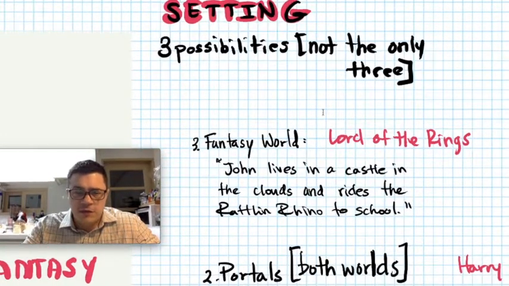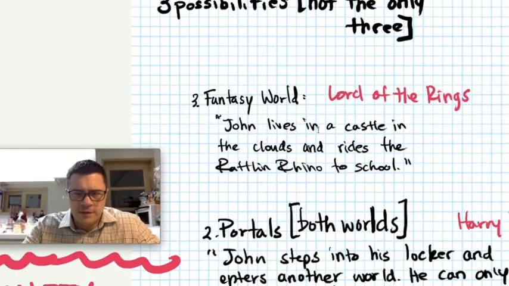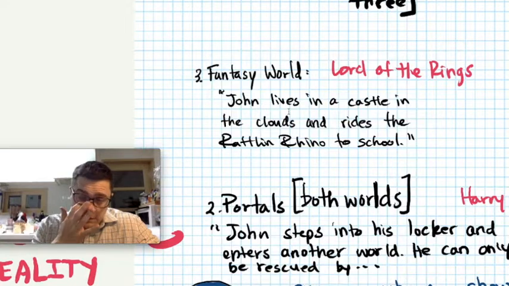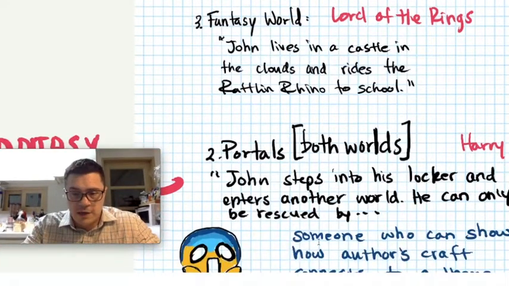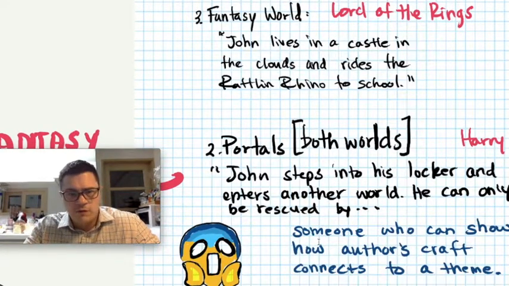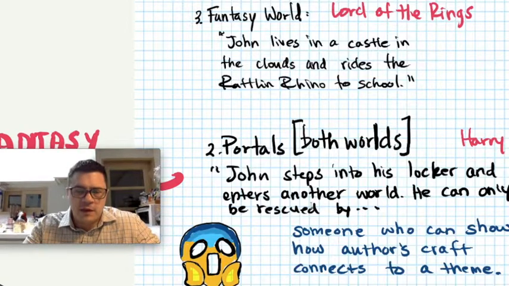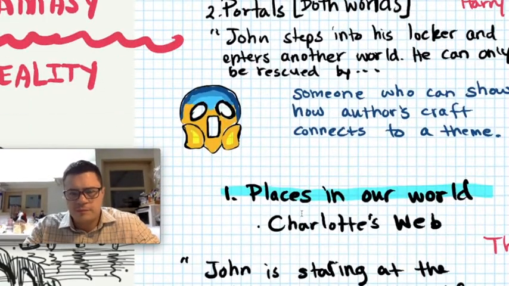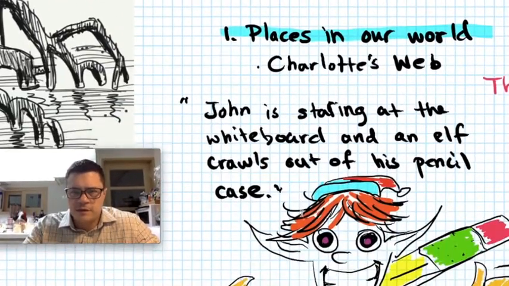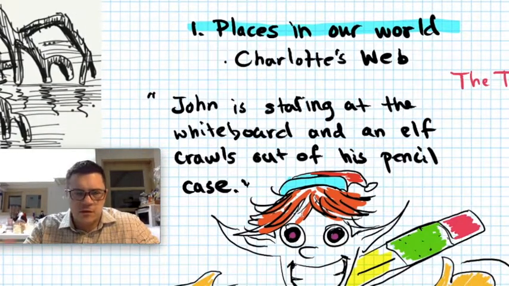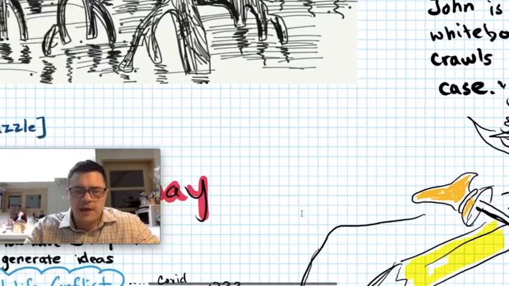And there are 3 possibilities that I just shared with you. These are not the only 3. Okay, but there's the fantasy world. There's a story that has 2 worlds, or 3 or 4, and a portal. And then there is the most interesting, the world we live in, right? So our real world.